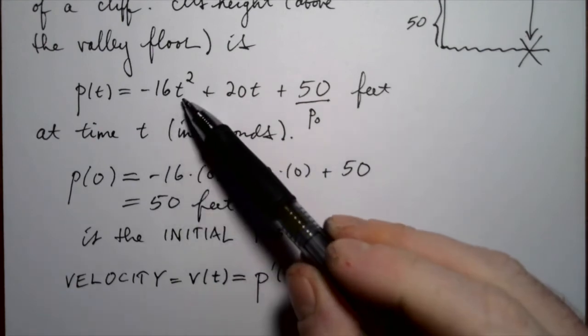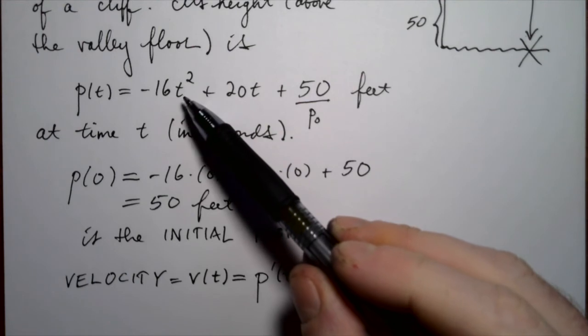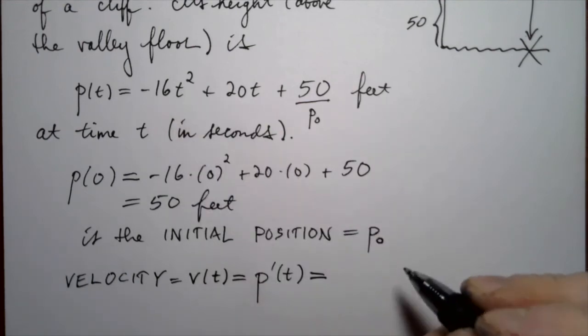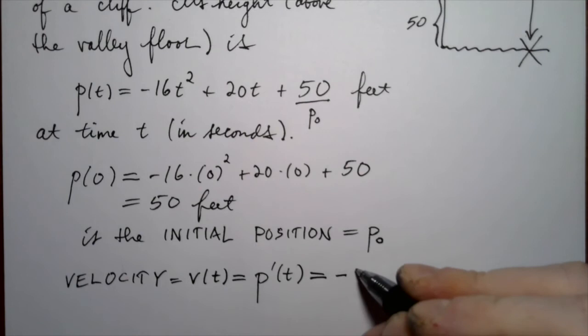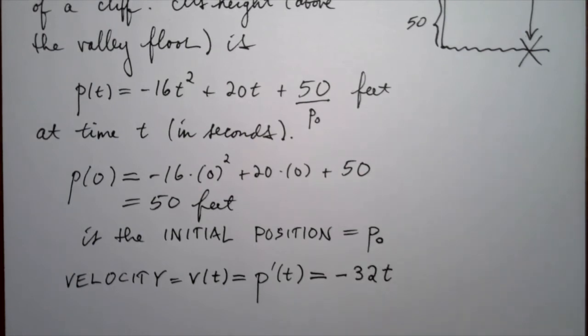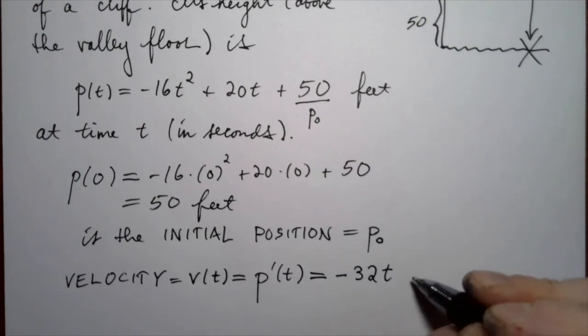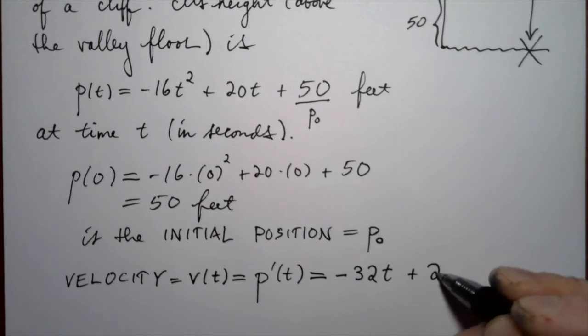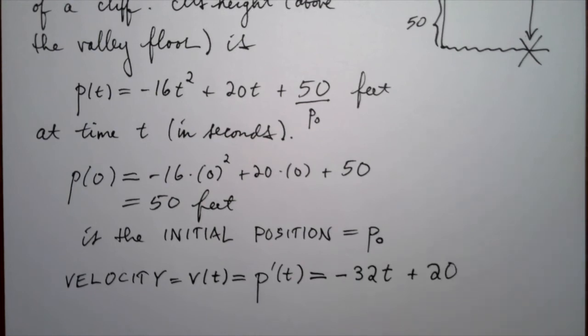Well, starting with the first piece, minus 16t squared, if we take the derivative of that, the 2 comes down and multiplies by the 16 to give minus 32, and then we subtract 1 from the exponent, so we have minus 32t. Next up, we take the derivative of 20t, and that's just the constant 20.